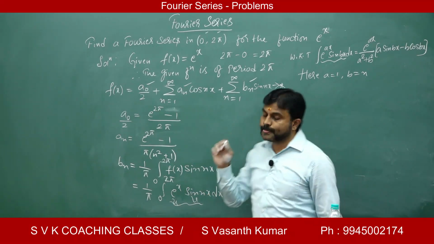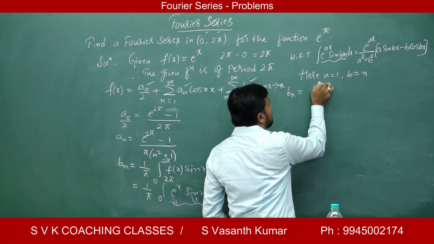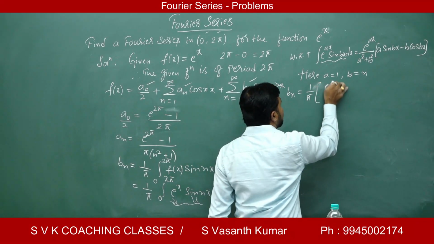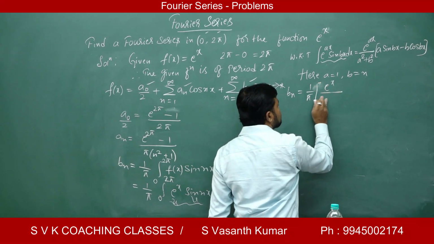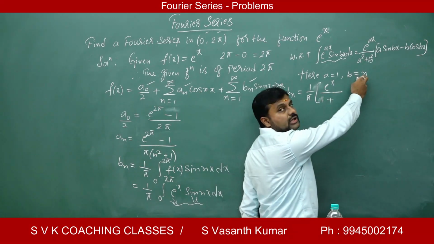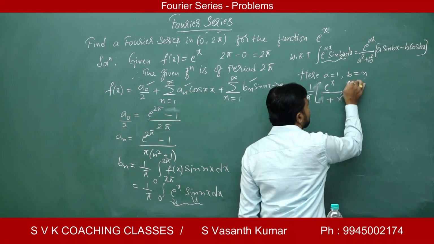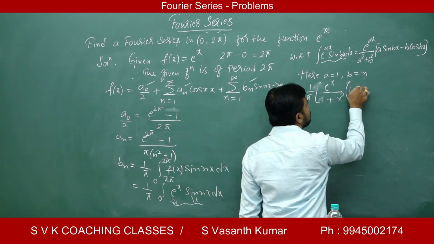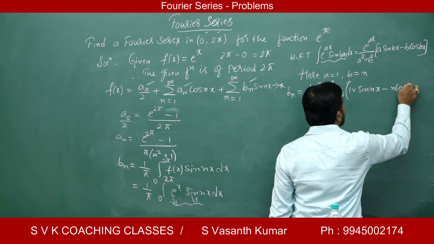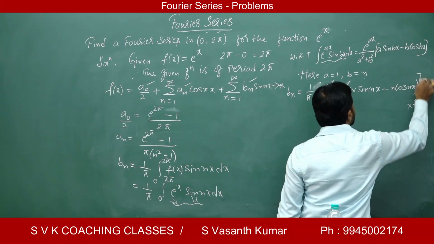So therefore bn is 1 by pi into e power x divided by a square plus b square. What is the value of a? 1. 1 square is 1. What is the value of b? n. So it is n square plus 1, into 1 into sin nx minus n into cos nx, limit x equal to 0 to 2 pi.